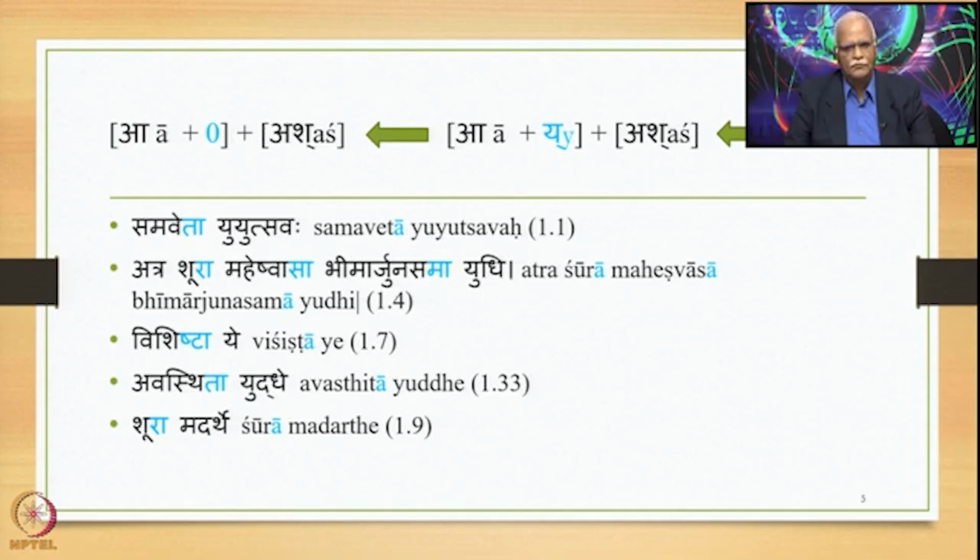So previously in the examples like Dhritarashtra Uvacha and Sanjaya Uvacha and Arjuna Uvacha, we noted down that it is Arjunaha, Sanjayaha and Dhritarashtraha as a separate pada.